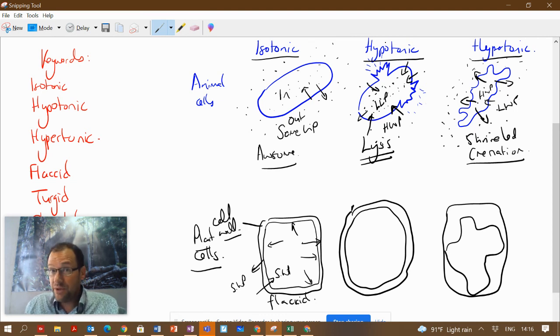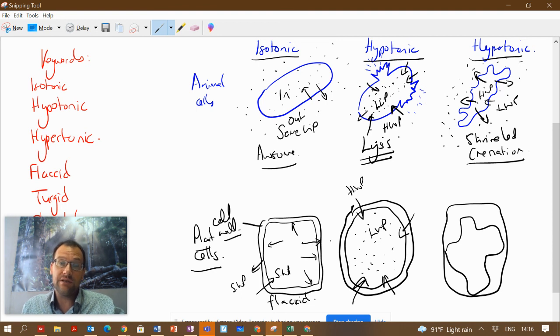Now, the hypotonic solution, maybe it's been put in distilled water. There's a lot of fresh water around the cell. We have a higher water potential outside the cell, lower water potential inside. So water does start rushing into the cell again. Water rushes in, some out, net effect is water moving in.